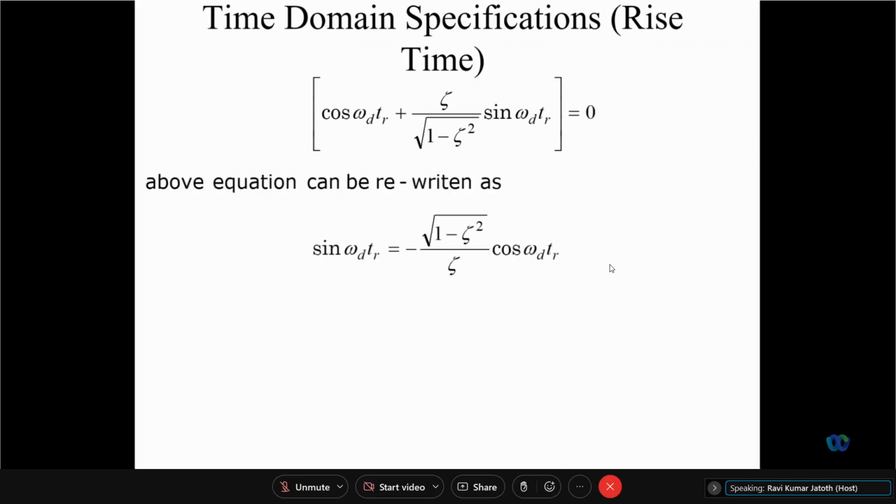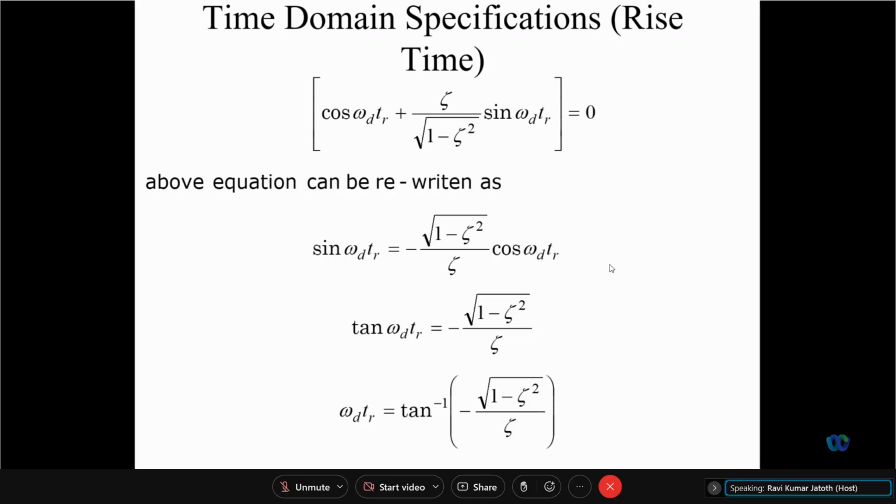So the above equation we can write as sin omega d tr is equal to, just simplification. Then tan omega d tr is under root 1 minus zeta square by zeta. Then omega d tr is tan inverse of under root 1 minus zeta square by zeta. Are these steps okay?